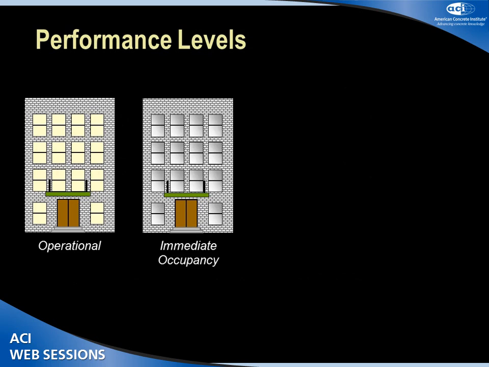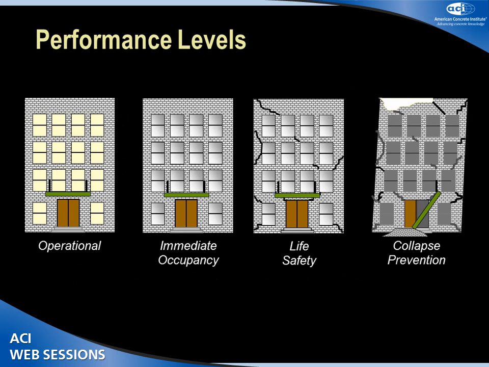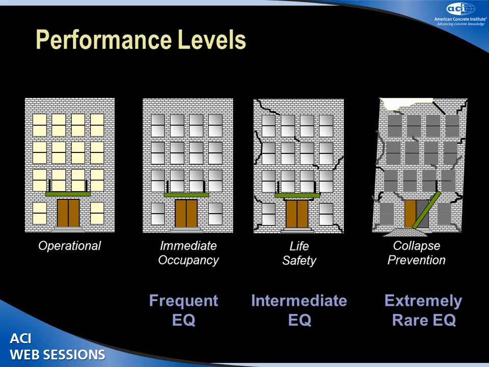The traditional performance levels that are thought of are these four, and in the frequent earthquake, primarily we're looking at immediate occupancy as an acceptance criteria, qualitatively at least, and then collapse prevention, or if you want to put it in very precise probabilistic terms, that there's a 10% chance of collapse or less in the maximum considered event for your building. That's the kind of probabilistic side of the design. And then this intermediate earthquake generally targets a life safety performance, but like I said, the intermediate earthquake is probably the most loosely defined of all.